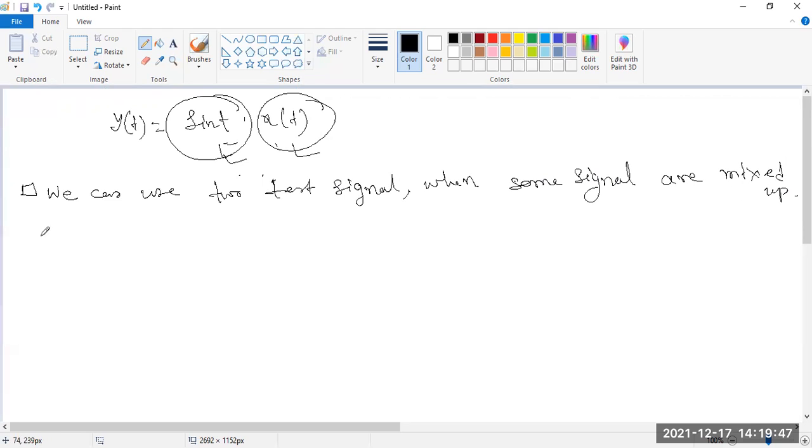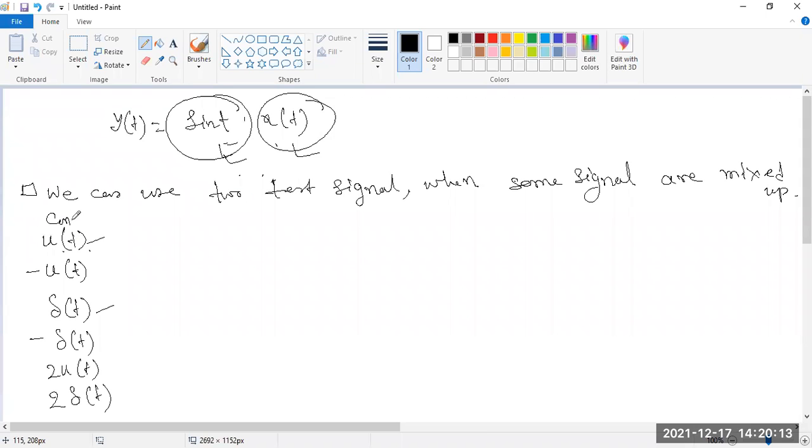This one is the unit step. You are familiar with the unit step signal. You can also use the impulse signal, and minus of the impulse signal also. You can say 2 delta t. So these two types of signals you can use, and this is for continuous time.